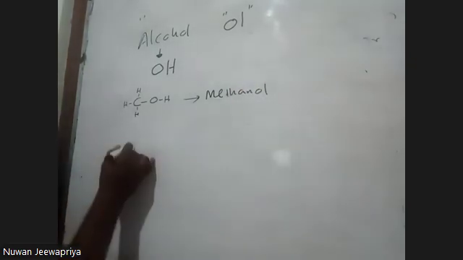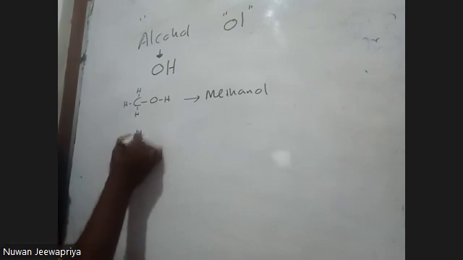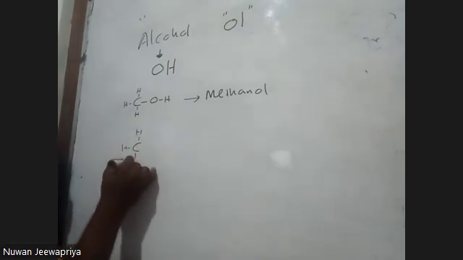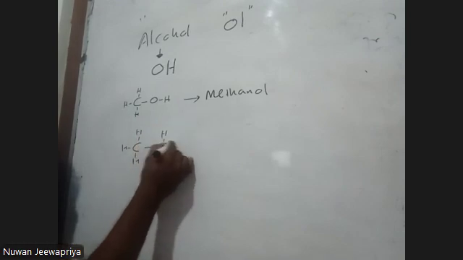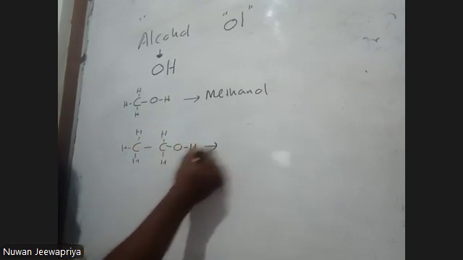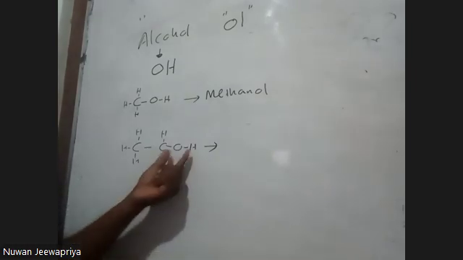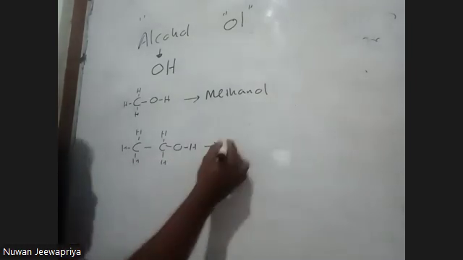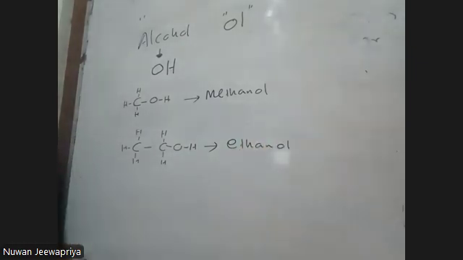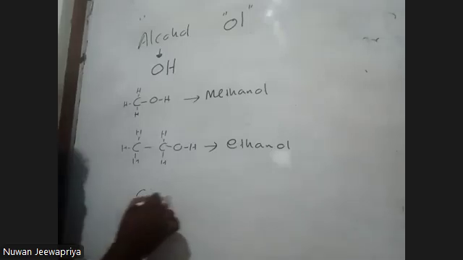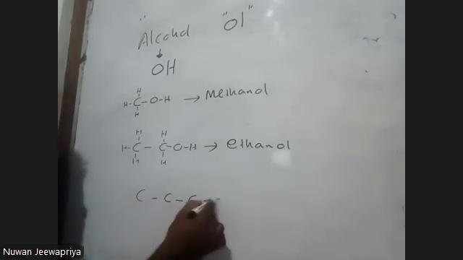Okay. I go to the next one. Two carbon thing. Two carbon is called ethane. OH seen. So ethane or ethanol. Right. Okay. Now the next one. Three carbon thing. One, two, three.